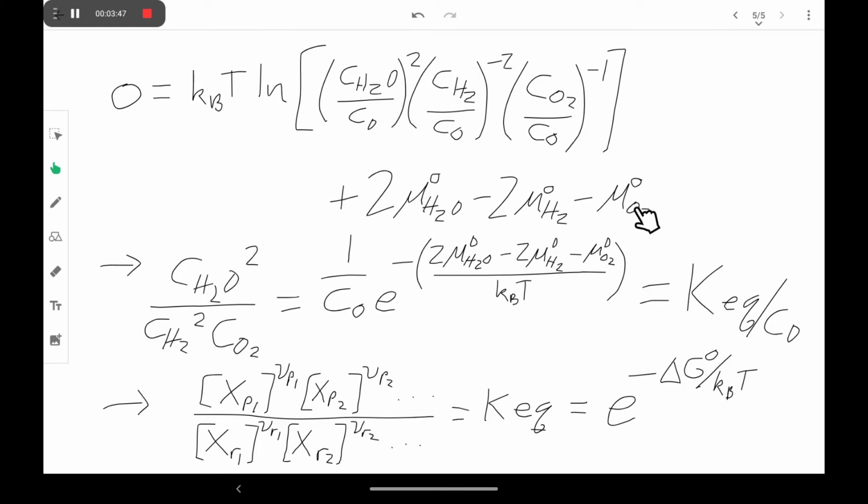So let's subtract this to the other side, divide by k_B T, and then exponentiate both sides. Remember, we subtracted to the other side; that's why that's minus. If we exponentiate a natural log, it just brings down whatever's left. That's going to be the concentration of water squared, divided by, because of the negative 2, the concentration of hydrogen squared, divided by, because of the negative 1, the concentration of oxygen. Now there are 2 factors of this constant in the denominator, and 2 factors of this constant in the denominator of a denominator.